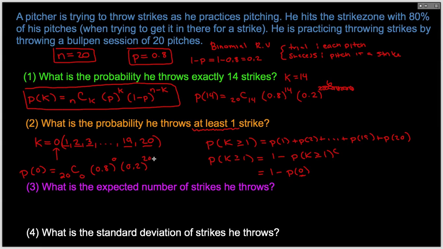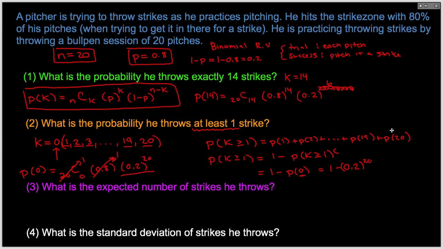N is 20, k is 0, so 20 minus 0 is just 20. And what's nice about this is 20 choose 0 is 1. 0.8 to the 0 is 1. So you're just left with this guy. And so your answer is 1 minus 0.2 to the 20th.